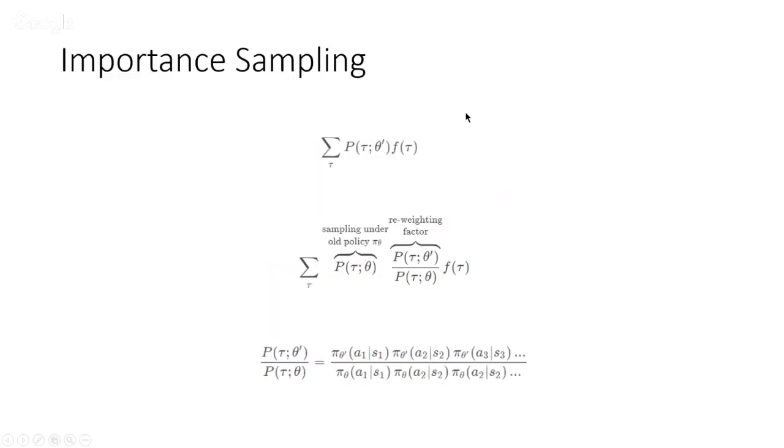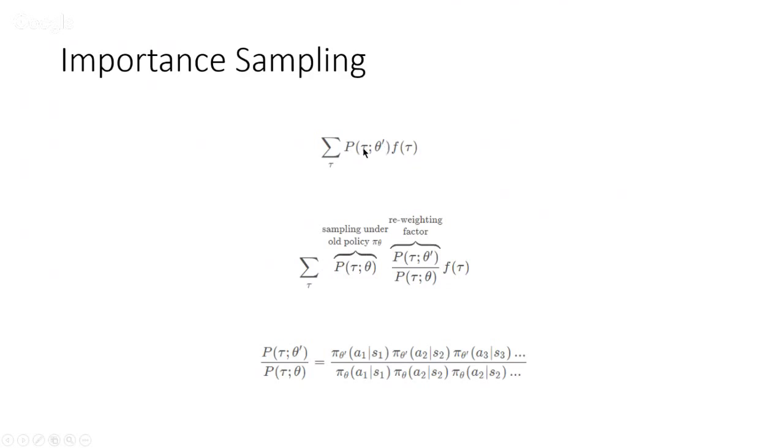Yeah. So importance sampling is the solution to this. In this, suppose this is our new theta and this is our function of trajectory. In our case it's r, the reward. And this is the probability of having the same trajectory given the new updated theta.